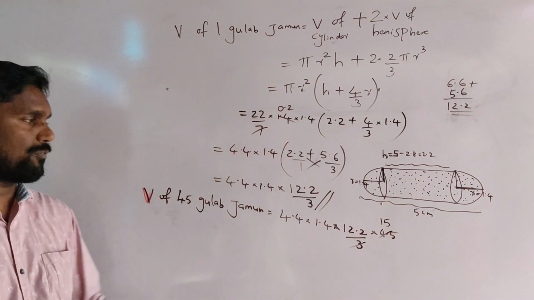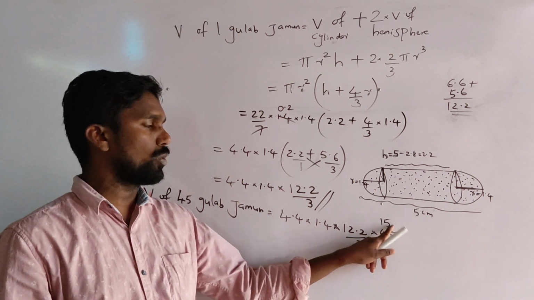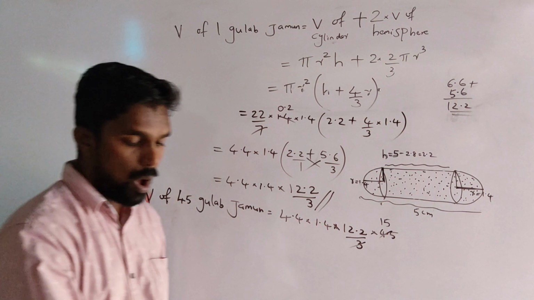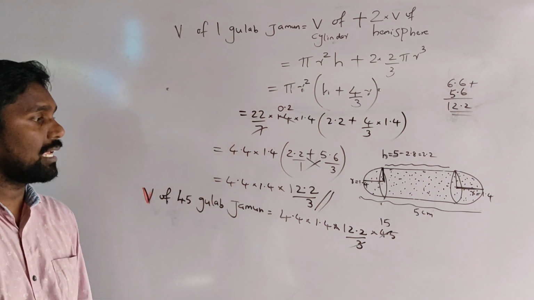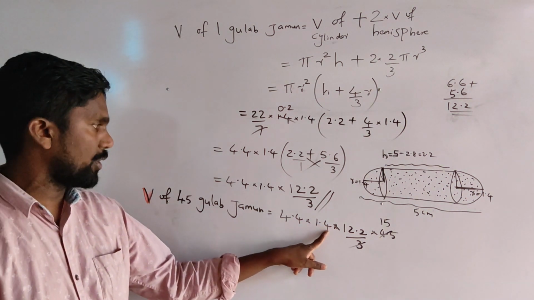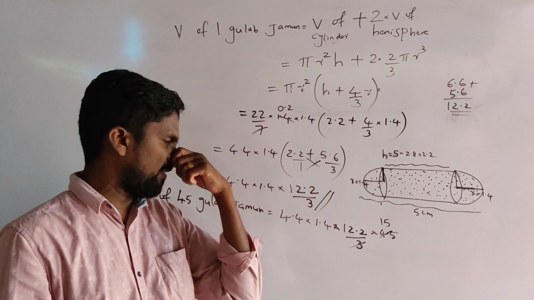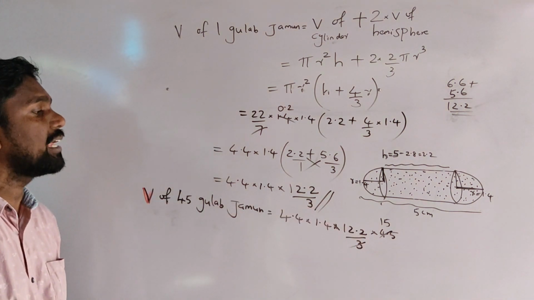So 4.4 into 1.4 into 12.2 into 15 is the volume of 45 gulab jamuns.